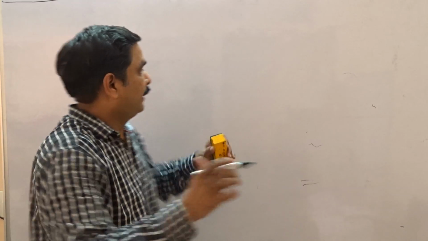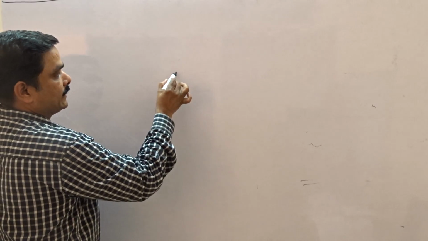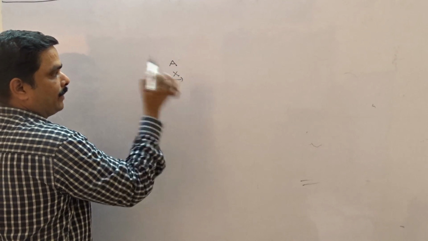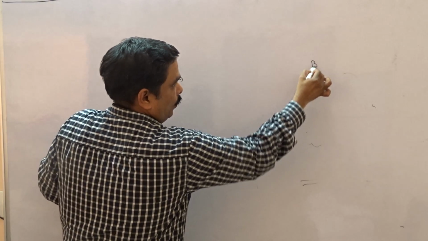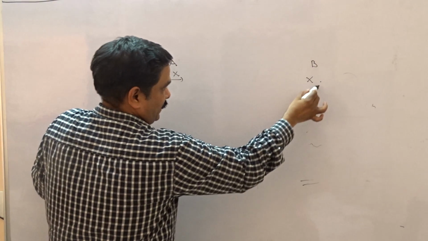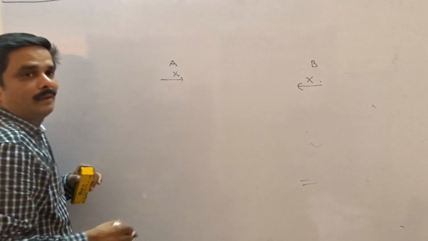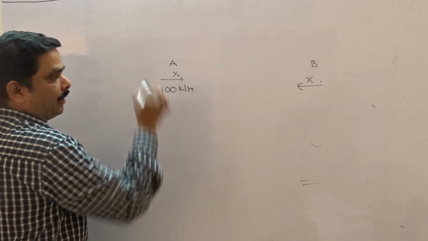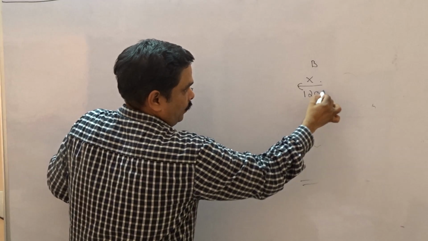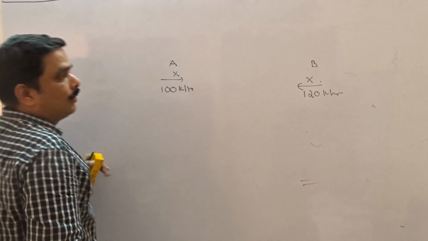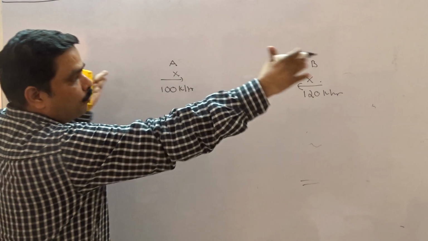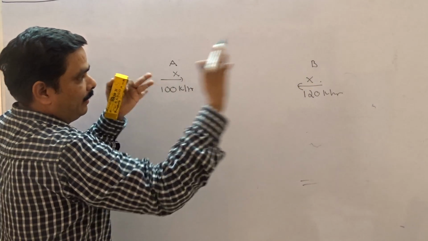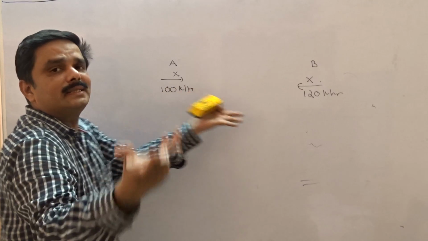For example, let us take two trains. One train is traveling from A to B, and the other train is traveling from B to A. If one train is traveling at an average speed of 100 kilometers per hour, and the other at 120 kilometers per hour, what is the relative speed now? Since both are coming towards each other, let us imagine that both started at the same time.